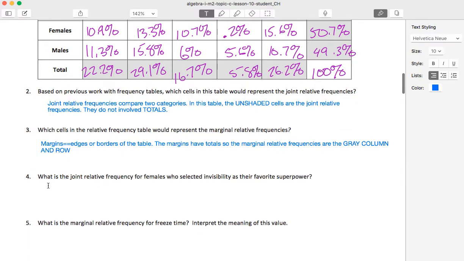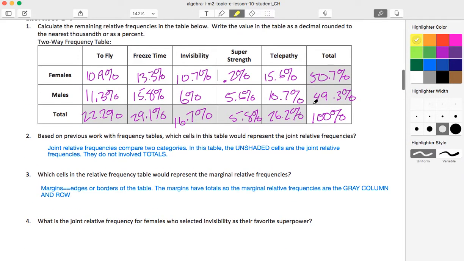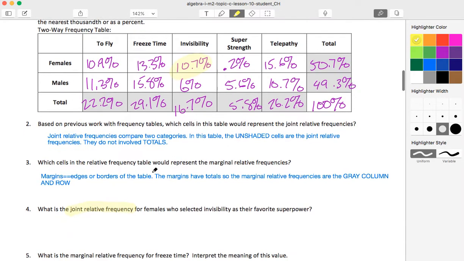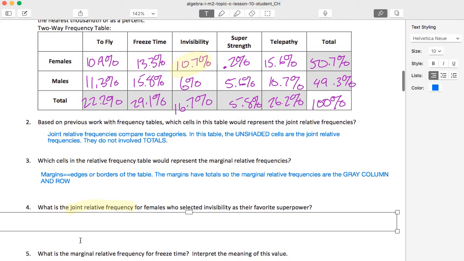What is the joint relative frequency for females who selected invisibility as their superpower? Okay, joint relative means that it's not going to be in these margins. It's going to be in these unshaded cells. So joint relative frequency for females and invisibility is going to be right here, 10.7%.